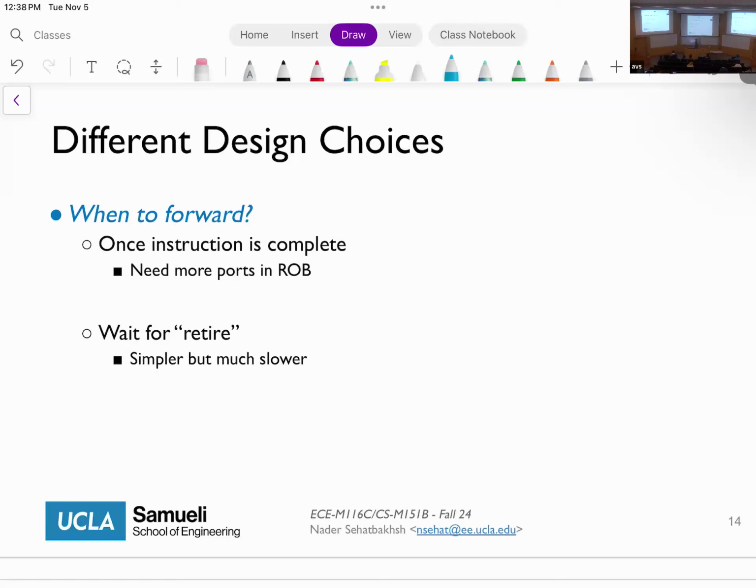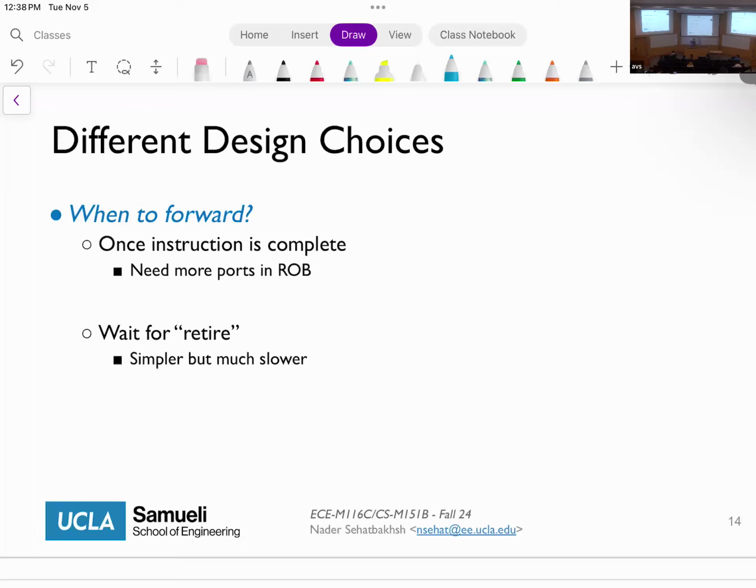Another thing that you need to keep in mind is when do we do the forwarding? In the class, I said that we should forward when the instruction is complete, right? Because that gives us the most performance. But the problem with forwarding at complete is that if you made a mistake, then there are lots more things that we need to recover, right?